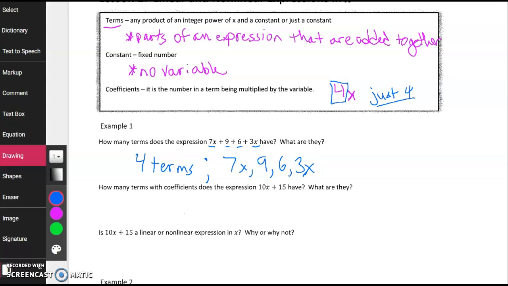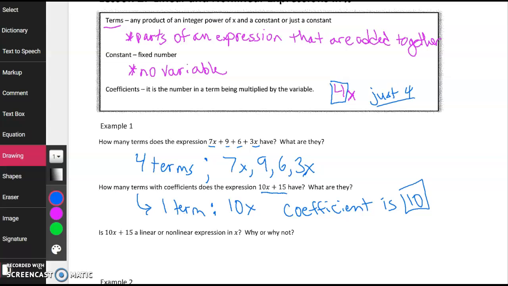Then it says how many terms with coefficients does the expression 10x plus 15 have? Now, coefficients, remember, are just the number being multiplied by the variable. So how many terms are there? There's just one term, and that term is the 10x. But the coefficient is just the 10.